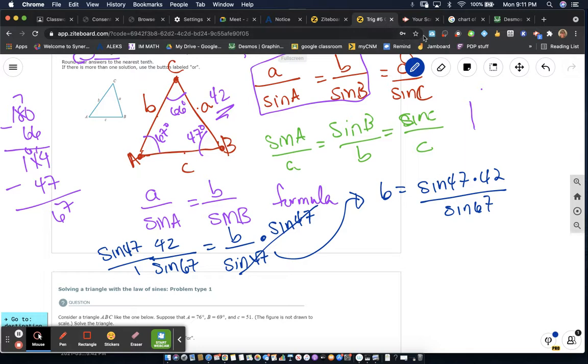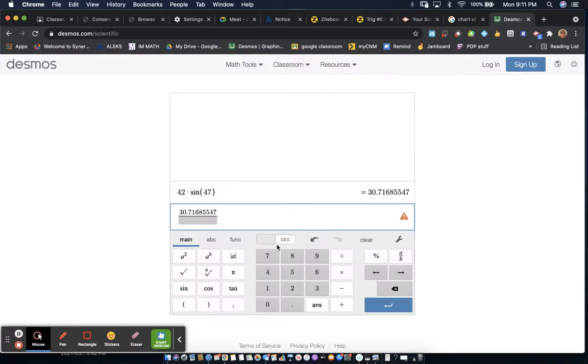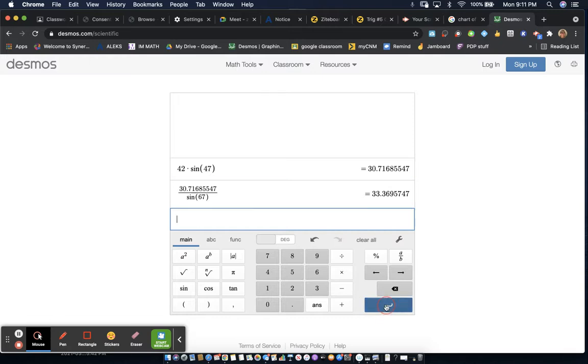You guys could probably beat me to this, sine 67. And you should. You should be trying to beat me to these answers, okay? Sine 67. There we go. 33.4. Okay.